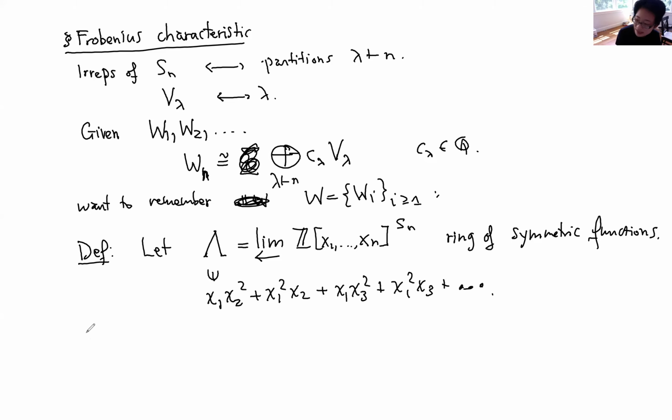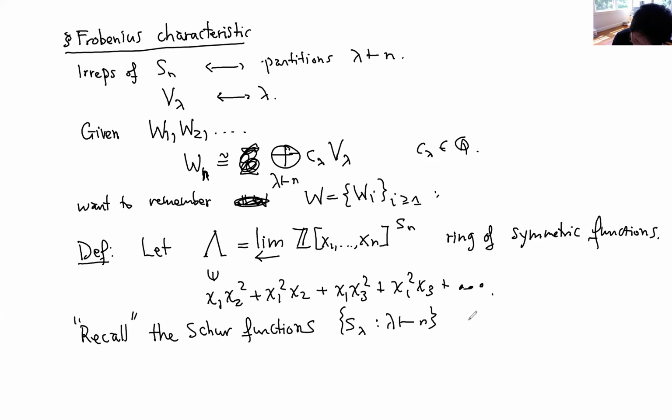And there are famous subsets of the symmetric functions. Let's recall, or I'll just tell you, you can black box, that the Schur functions s_lambda, as lambda ranges over all partitions of n, are a Z-module basis for the degree n homogeneous part.